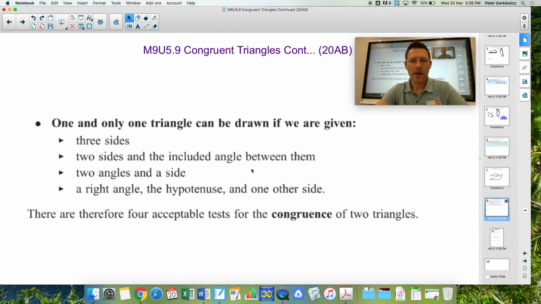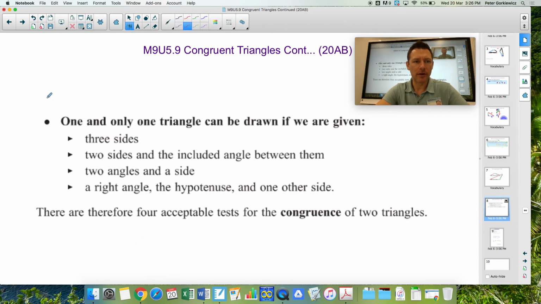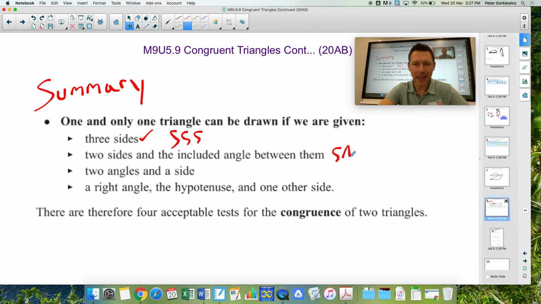All right. So one and only one triangle. This is like the summary. Maybe you want to put this down. One and only one triangle means the triangles are congruent if their three sides are equal. That's side, side, side. Two sides and an included angle between them, which is side, angle, side. Notice the orientation, right?